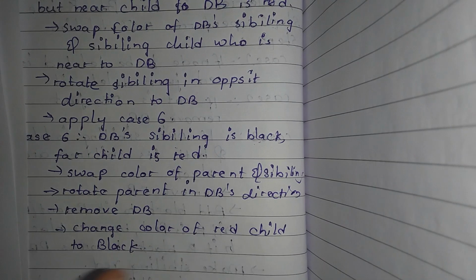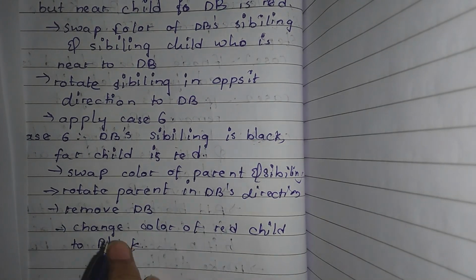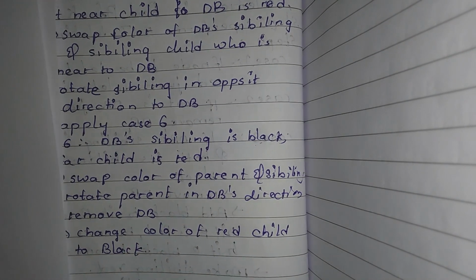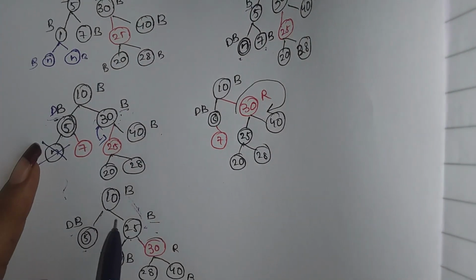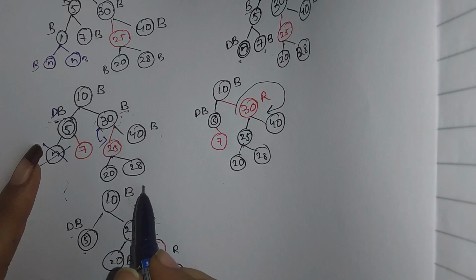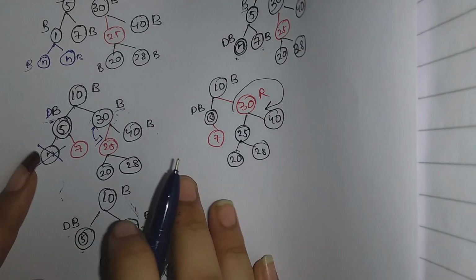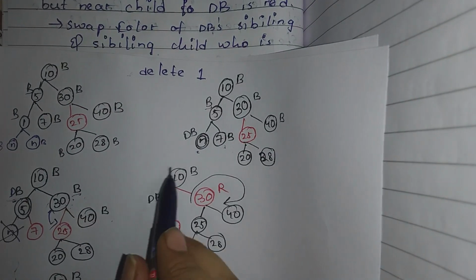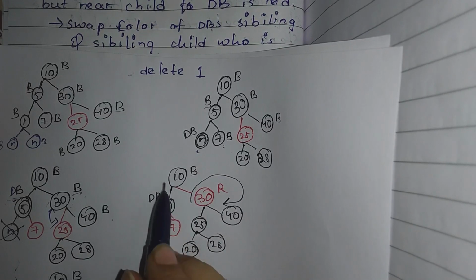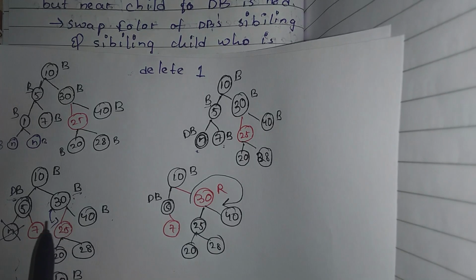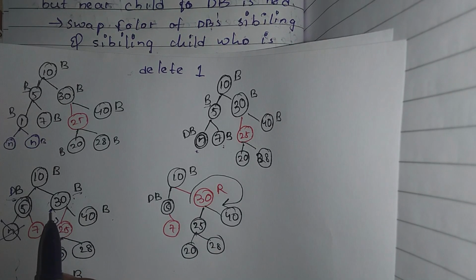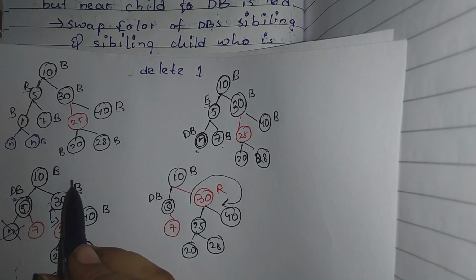Here rotation takes place, but here we are changing the color of the root, so we have to rotate towards the DB direction. If we are not swapping the color of the root and are just swapping the color of the sibling, then we rotate in the opposite direction of DB.